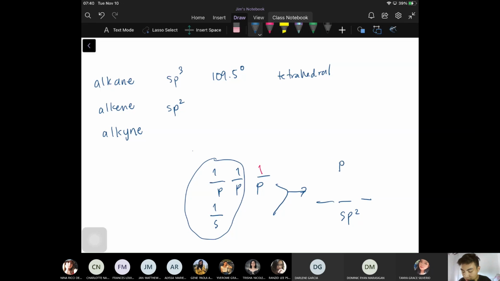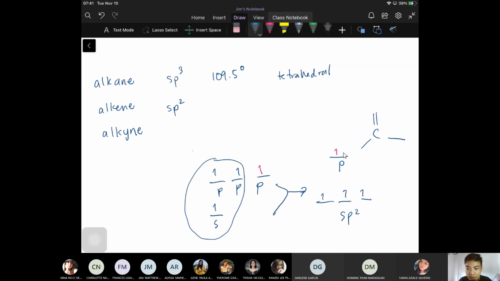The other p orbital is unused. No? So, hindi niya hina-hybridize yan. So, as a result, tatlong groups of atom yung makikita natin around the carbon. Kaya tayo nakaganito lang kapag may double bond. So, tatlong bonding groups yung papalibot sa ating carbon.